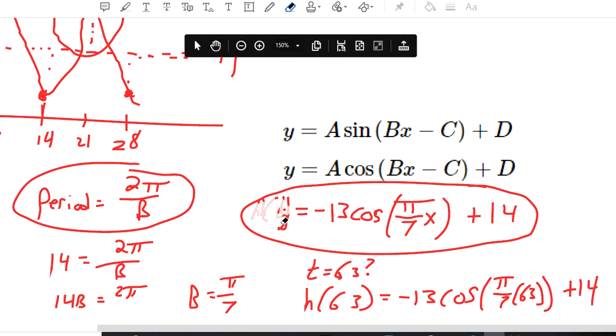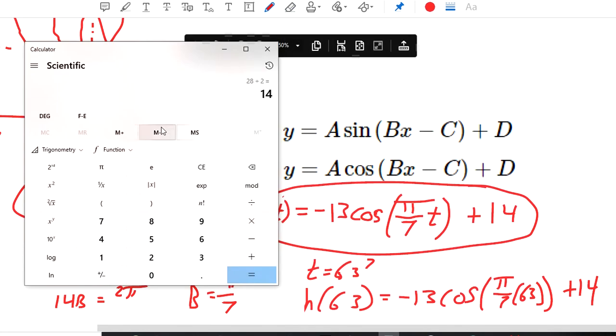Let me clean this up. Up here we said y equals all this stuff, and that's fine, but they wanted us to use h of t for the range and t for the domain variable. Okay, so if you plug this in your calculator, just use radians when you do the trig function.